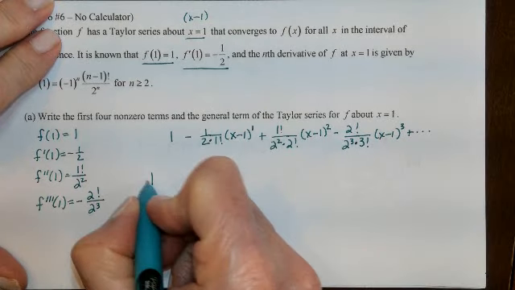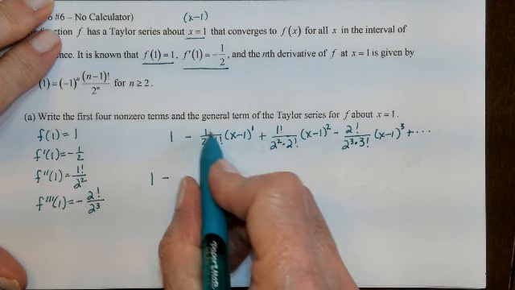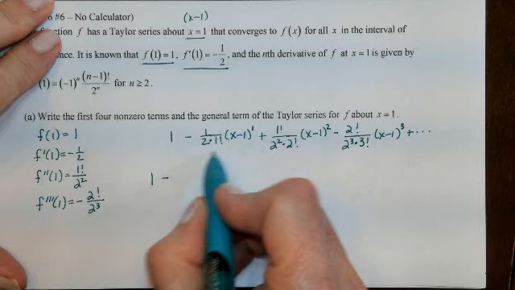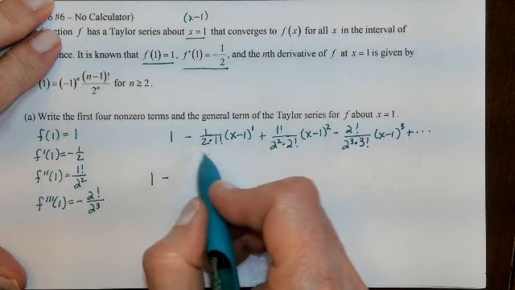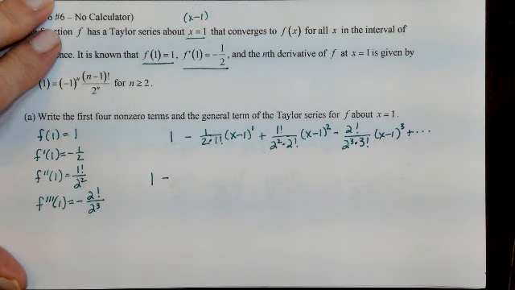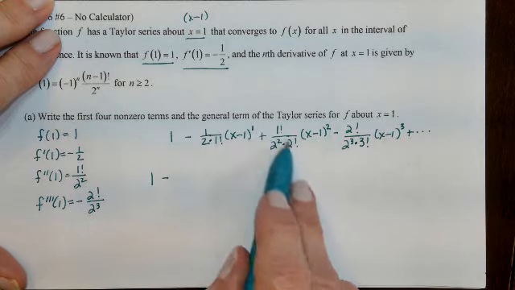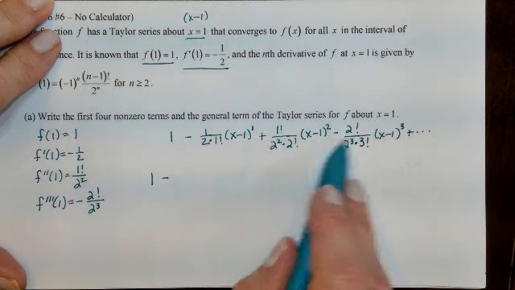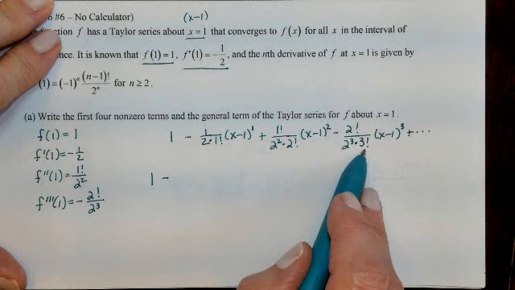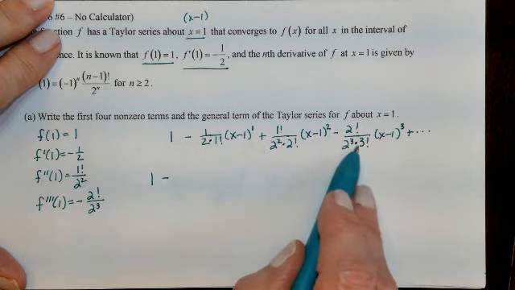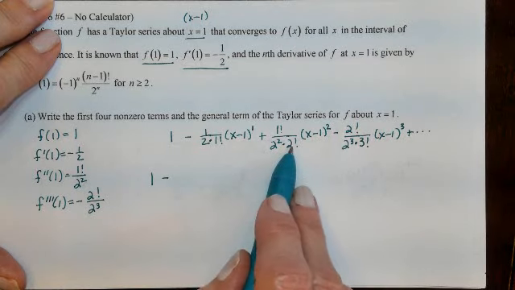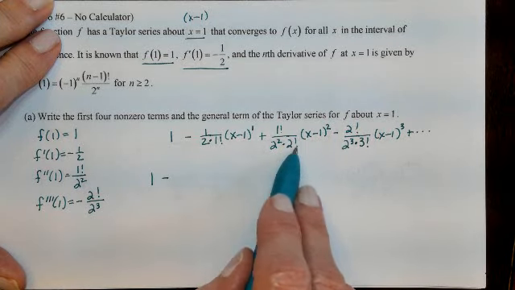This is 1 minus, okay, what does this simplify to? Well, this just simplifies to 1 over 2. My question is, do I want to simplify it to 1 over 2? And do you see how these factorials are indeed going to reduce each time? 2 factorial over 3 factorial is just leaving a 3 on the bottom. 1 factorial divided by 2 factorial just leaves a 2 on the bottom.